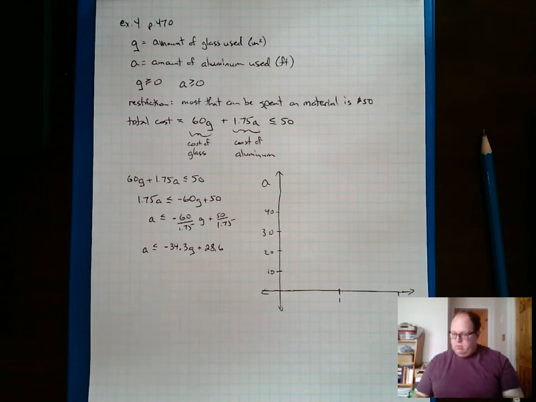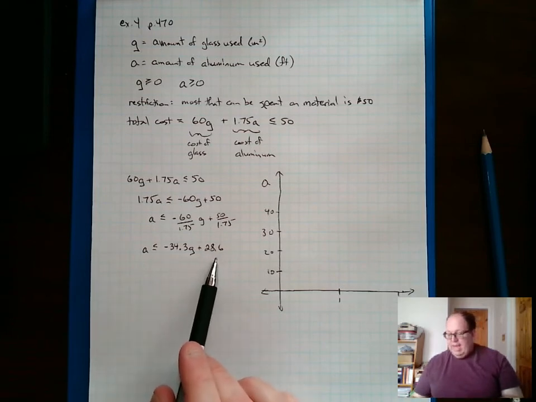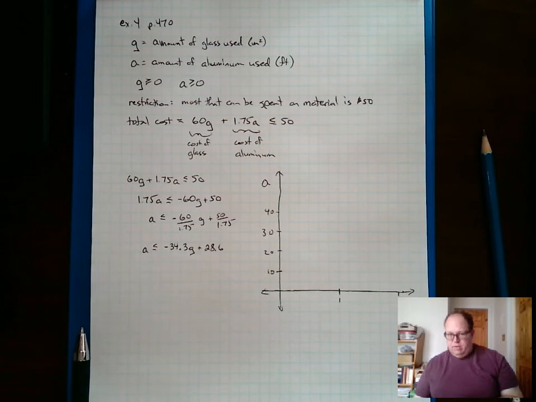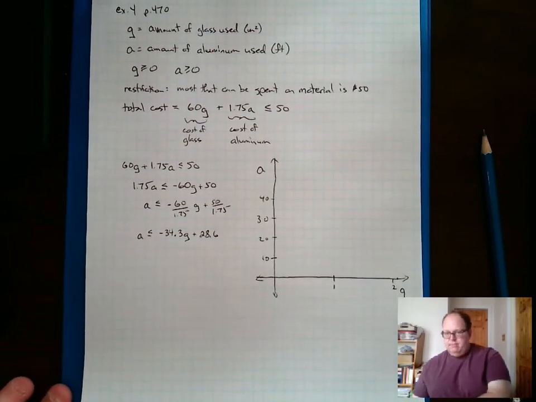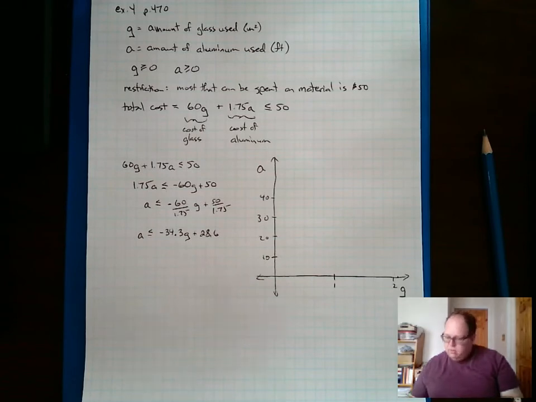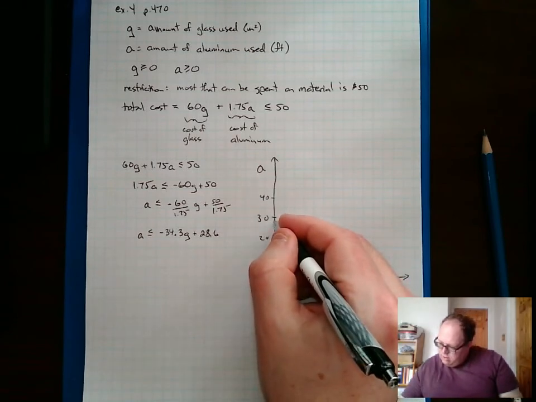How did I pick this out? I knew that my A-intercept was going to be 28.6, and that my slope is negative 34.3. So every 1 unit I go over, I'm dropping by 34.3 units in the other axis. Should make it so you can see that part there. Right, so let's draw this thing with approximation. At about 28.6, you're around here.